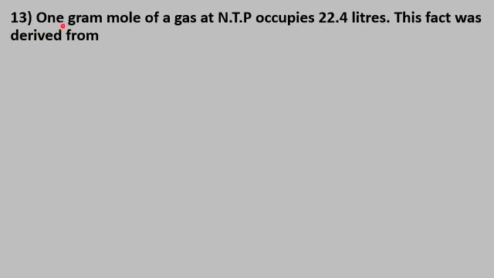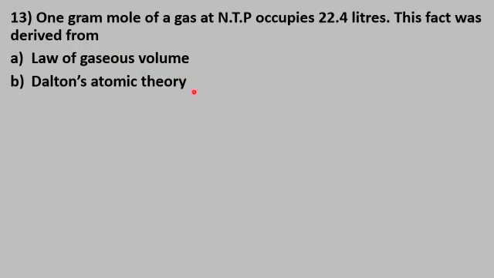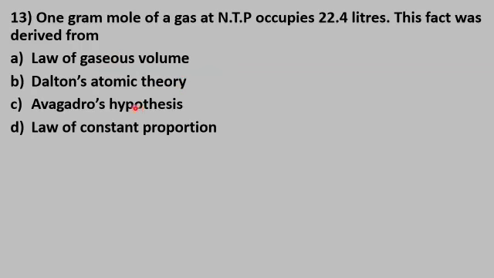Question number 13. 1 gram mole of a gas at NTP occupies 22.4 liters. This fact was derived from law of gaseous volume, Dalton's atomic theory, Avogadro's hypothesis, or law of constant proportion.